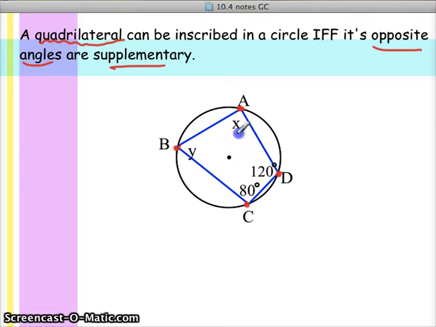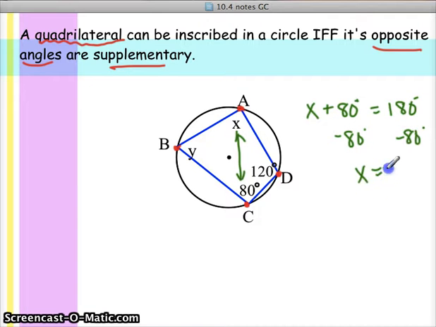So these two angles are opposite of one another, so they would be supplementary, meaning they add up to 180. So x plus 80 would add up to 180 degrees. And if we solve for x, we would just subtract 80. So that would mean that x equals 100.